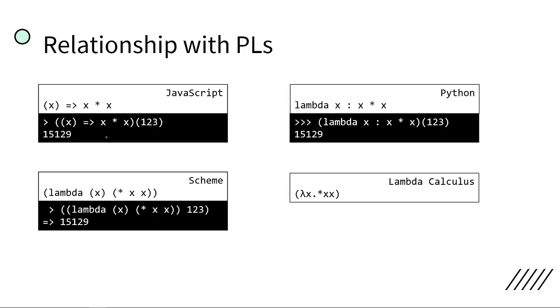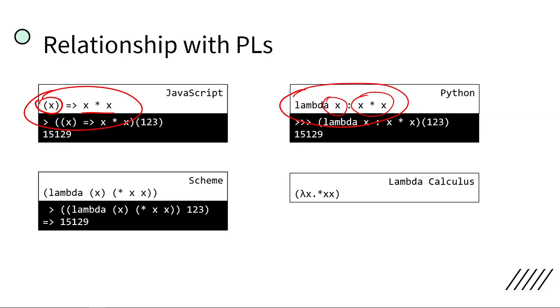So let me go back for those who just joined. This is basically just a function. This is a function in the JavaScript programming language which takes x as an input and then multiplies x by itself. In Python, this is also a function which takes x as an input and multiplies x by itself.